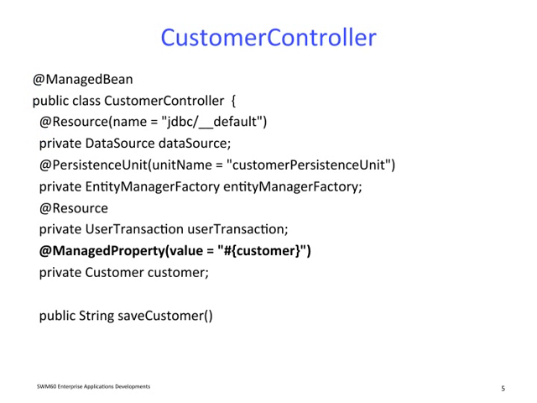An example of that additional managed bean, or controller bean, is this. It is annotated as a managed bean, and we call it customer controller. Then the class resources that this bean is going to use. The connection resource is specified as a JDBC connector named default.